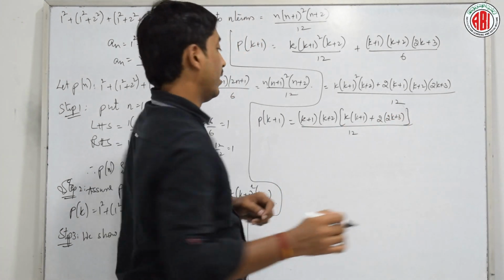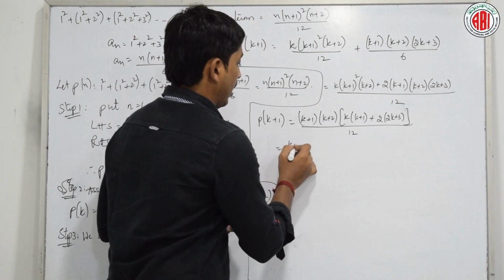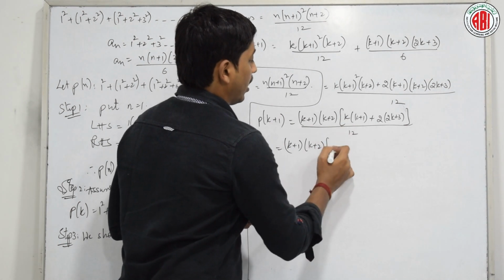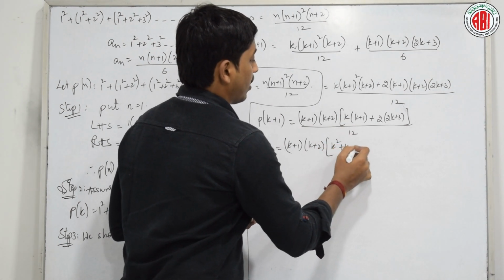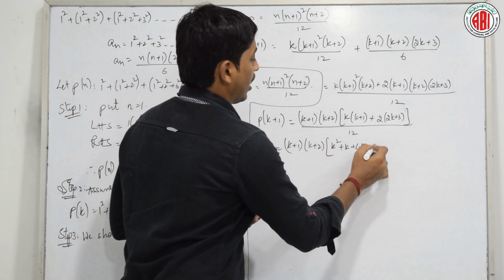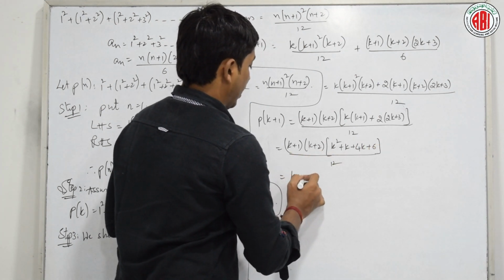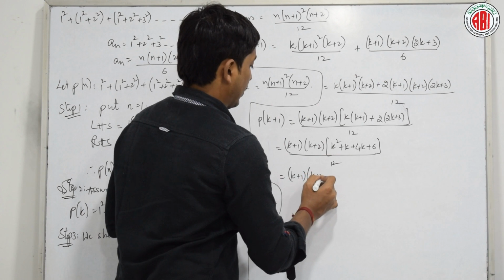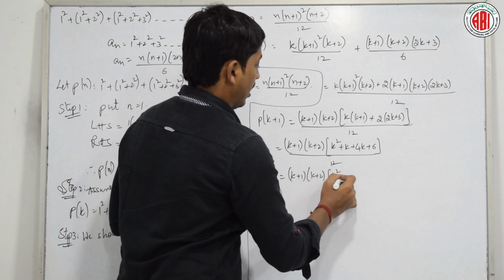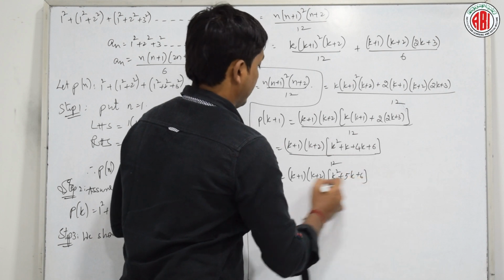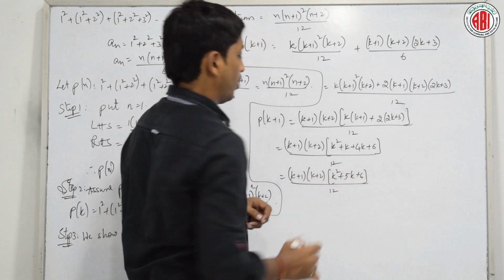Is it fine? That will be k plus 1 into k plus 2 into k is k square plus k plus 4k plus 6 divided by 12. K plus 1, k plus 2 into k square plus k plus 4k is 5k plus 6 divided by 12.